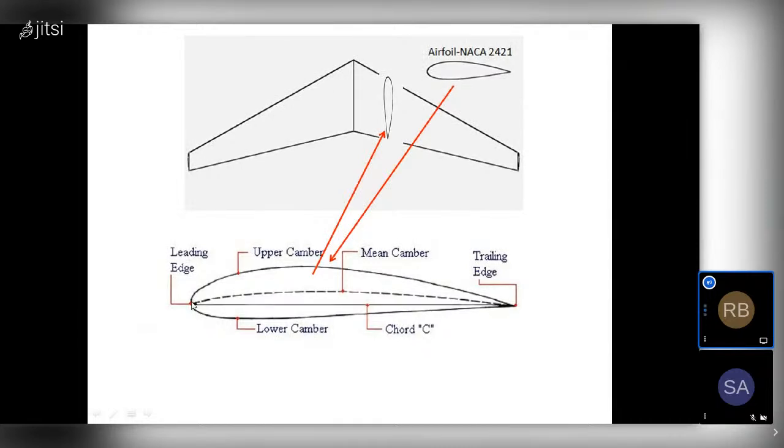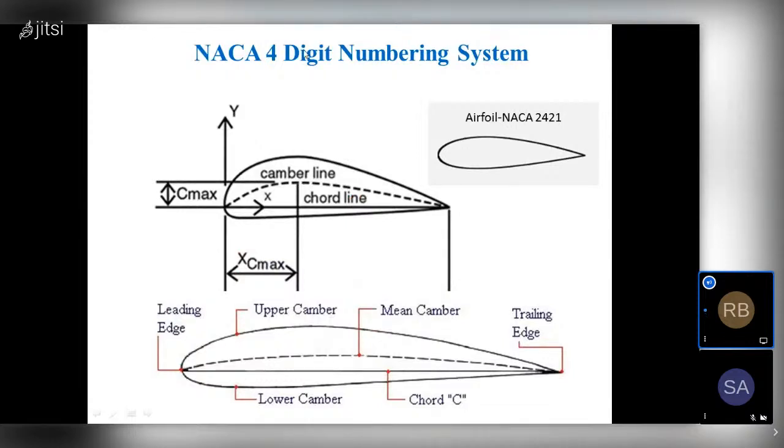And the equidistance line, the dotted line, if we cut along this line, then we'll get 50% of the aerofoil over the upper surface and lower surface. So that's why we call this the mean camber line, or equidistance line.